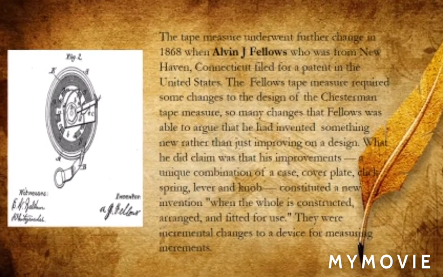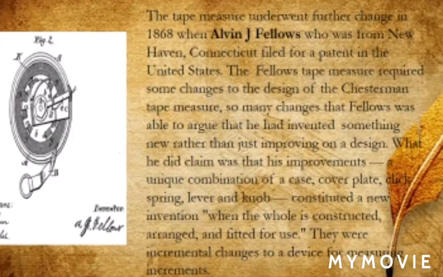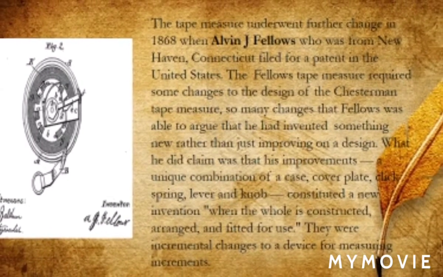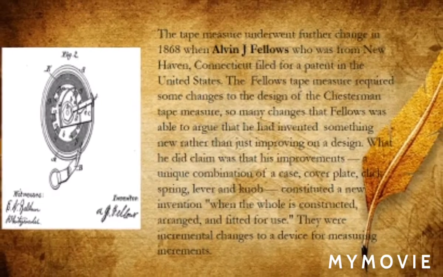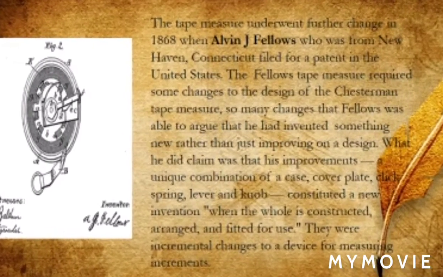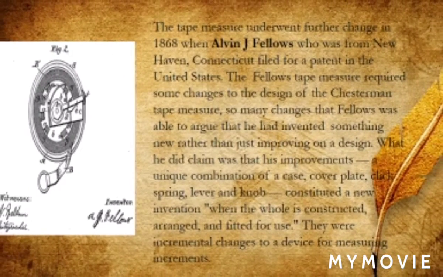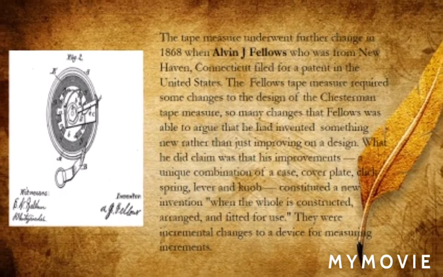What he did claim was that his improvements, a unique combination of a case, cover plate, click spring, lever and knob, constituted a new invention when the whole is constructed, arranged and fitted for use. They were incremental changes to a device for measuring increments.